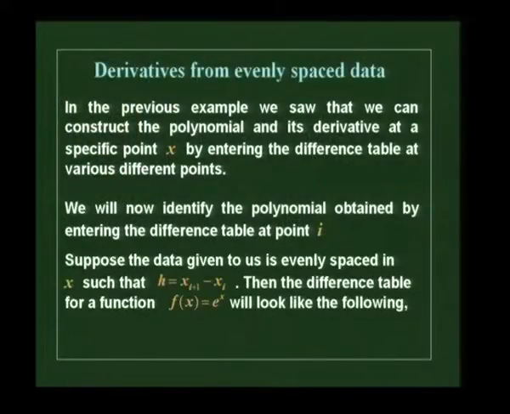So now we look at the case where we have derivatives from evenly spaced data, that is, all the data points x(i+1) minus x(i) are at equal distance, and we call that distance h. So h is the distance between any two data points of this evenly spaced data. We will do this with a specific example, the function f(x) equal to e to the power of x, whose derivative we know very well.